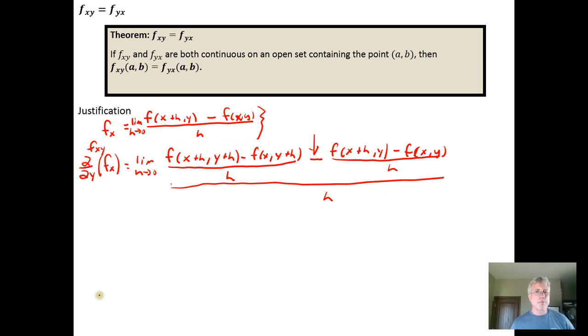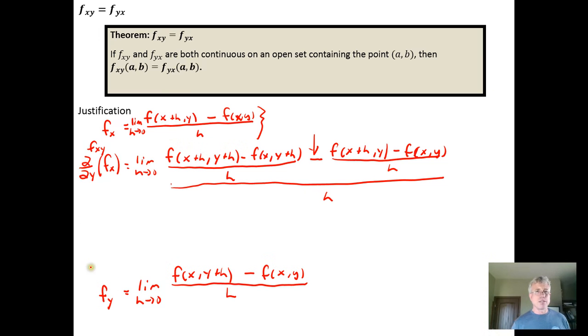If I go down to the bottom of the screen and ask what I would do if I were calculating the first partial derivative with respect to y, I would take the limit as h goes to 0 and do the difference quotient, but I would be varying y and holding x constant. So I would get f of x comma y plus h minus f of x y. There's the difference quotient applied to variable y, and it would be all over h.